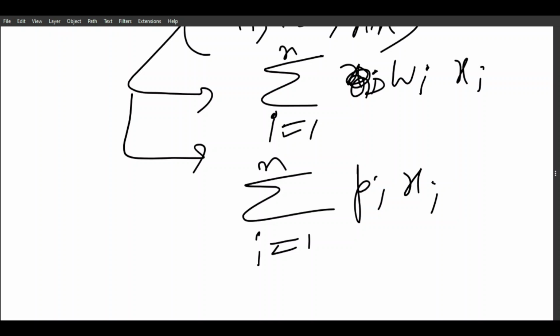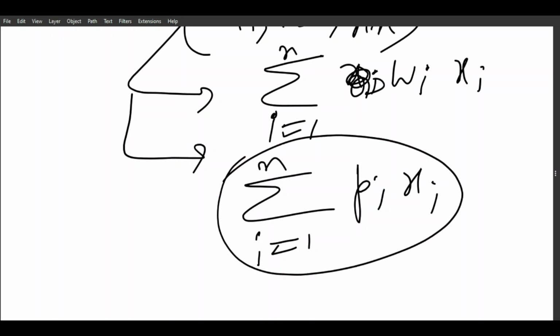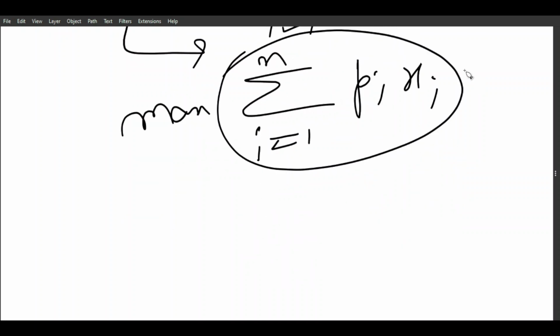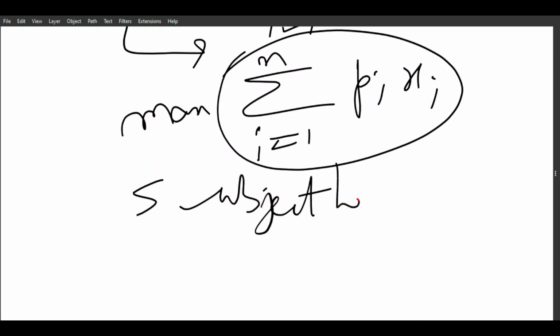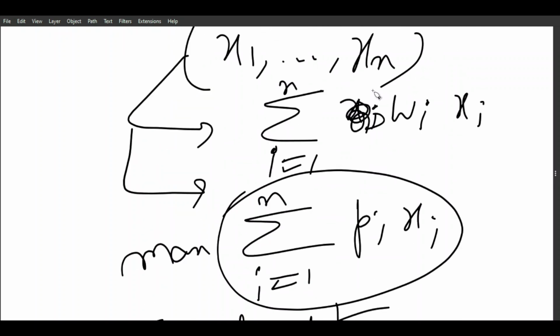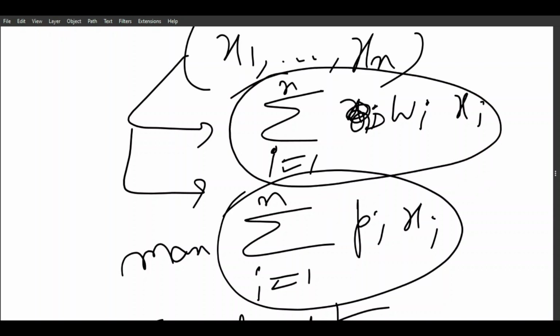So now our objective is to maximize the profit collected, subject to some constraints. What are the constraints? The constraint is that this should fit within the knapsack.